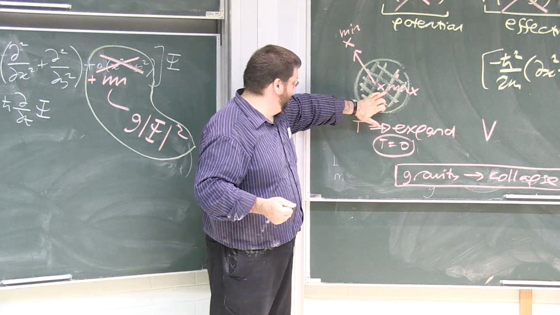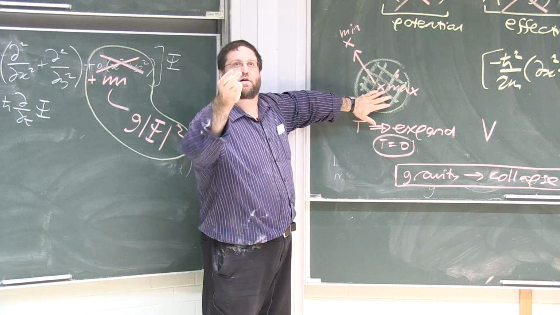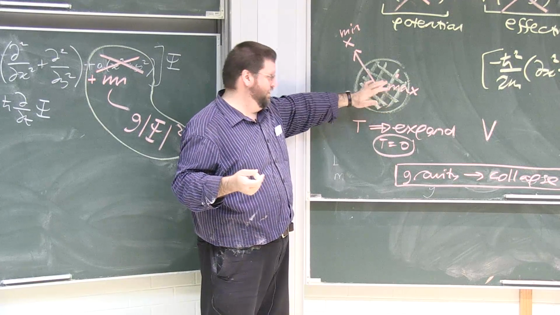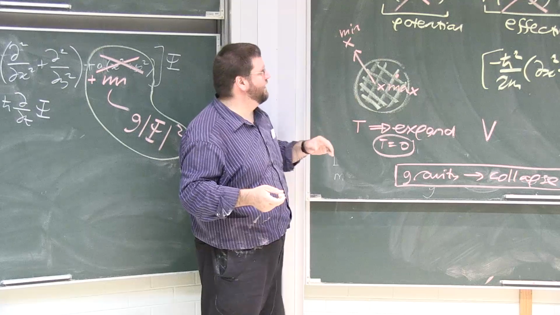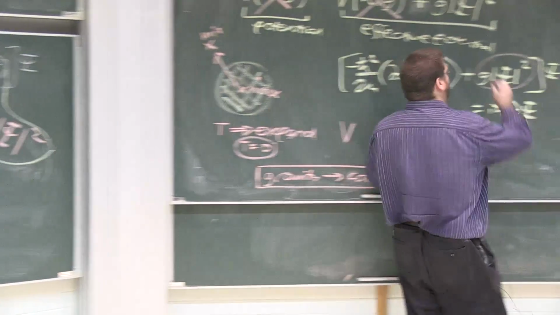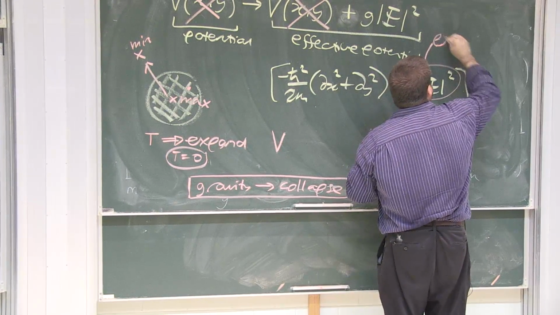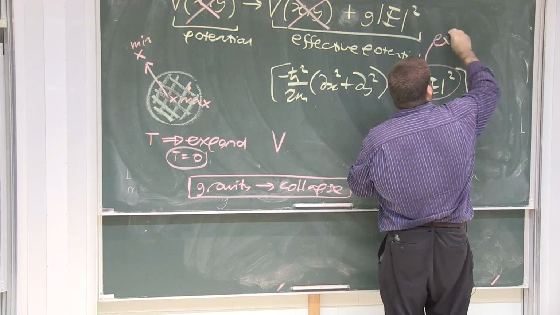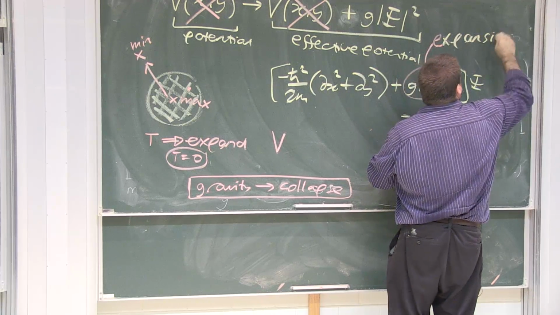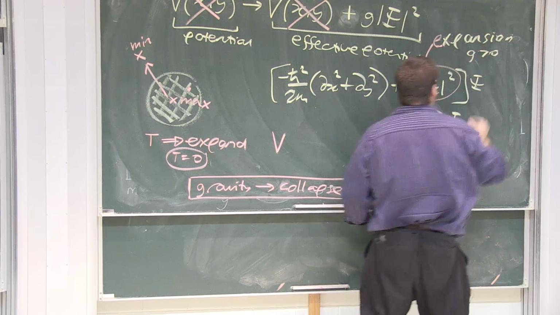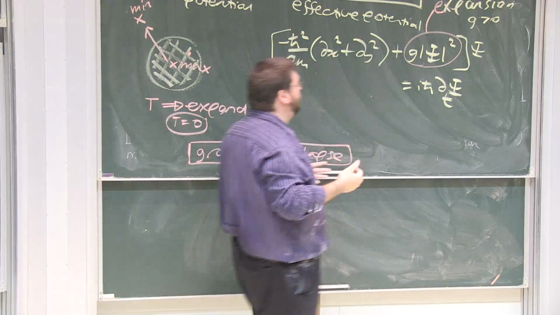That's correct, and it'll expand because? It's like it's on a big hill and rolling down. Beautiful. So this will drive expansion if G is greater than naught. This term will drive contraction if G is less than naught.